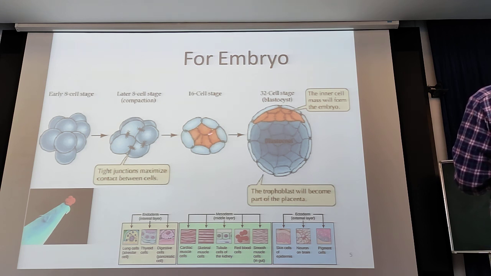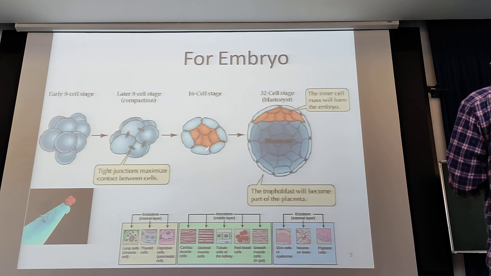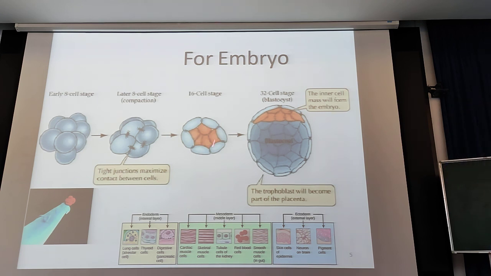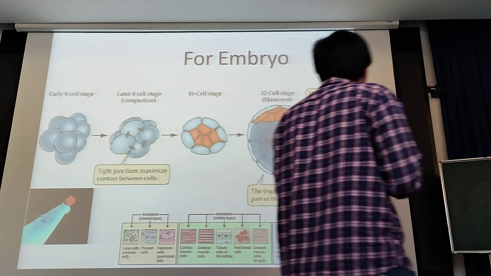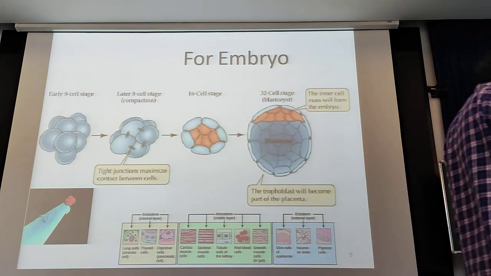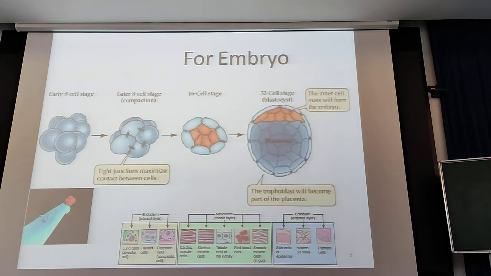The inner cell, which is marked in orange color here, and the outer cell, which is denoted in blue color here. The outer cell later will develop partly into the placenta and partly into the nervous system.